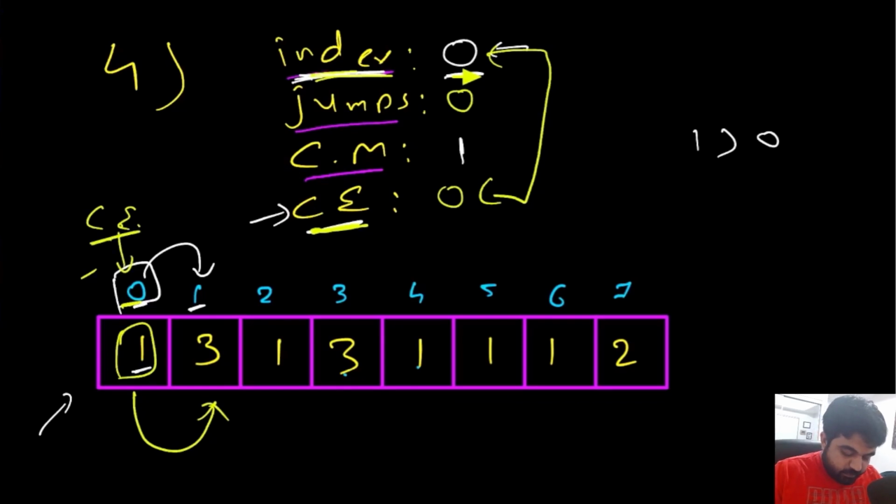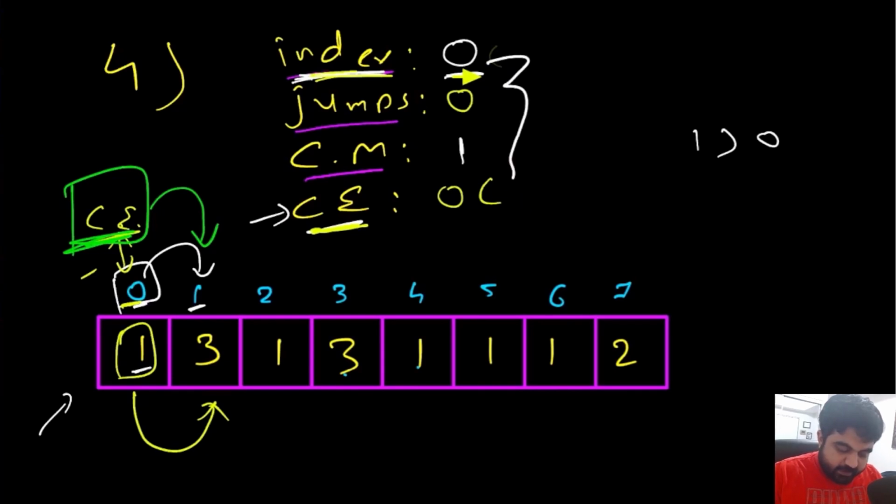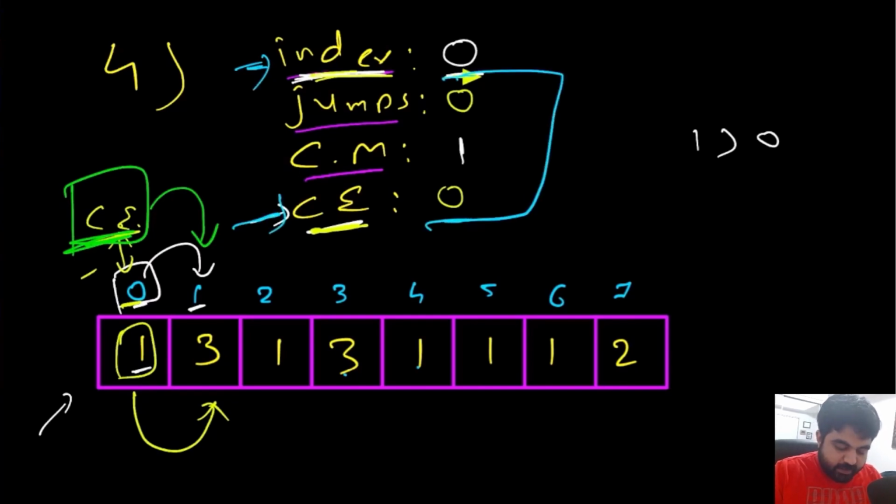And whenever both of these are at the same place, that means if we are updating the current end value, we will only update the current end value in the condition when we are making the jump. So again, let's just go back to our analysis. Because the index value and the current end both were same, we can define that we need to update their values, which means we are taking a jump.